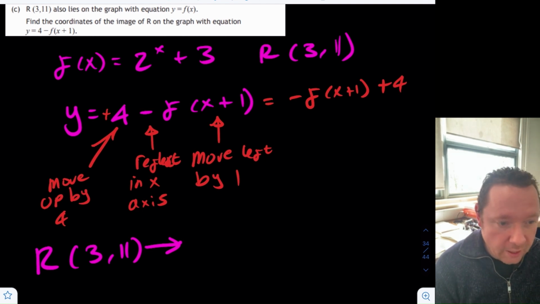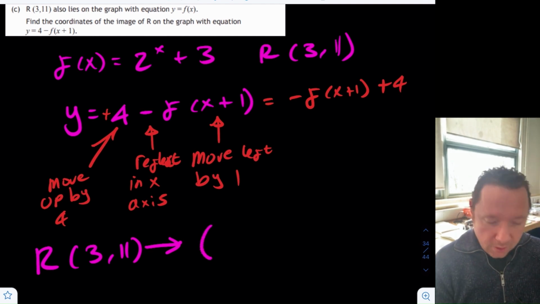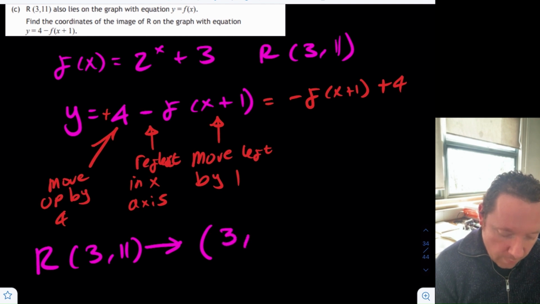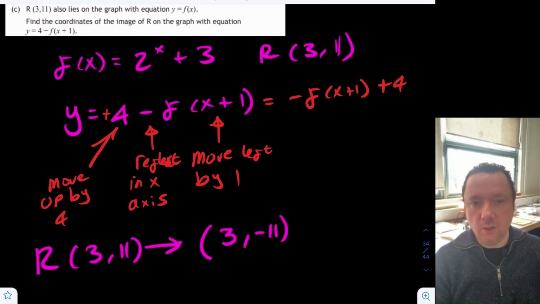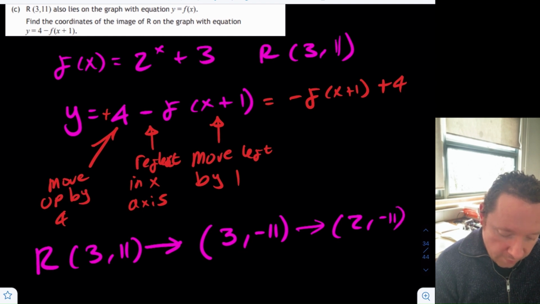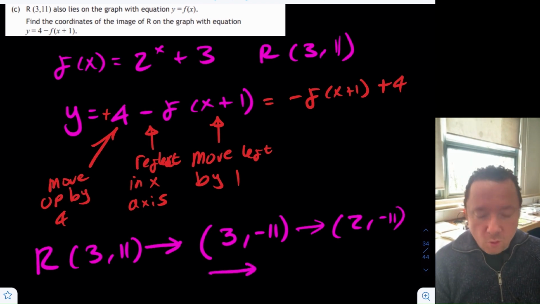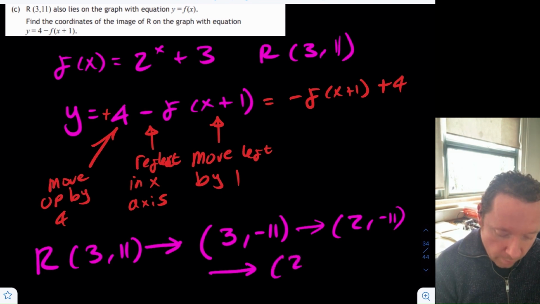So our reflection, minus f of x: (3, 11) becomes (3, -11), because it drops down underneath. And then that goes to moving left by 1, so 3 becomes 2, so (2, -11). And then finally, we need to move up by 4, so we get (2, -7) as our final answer.